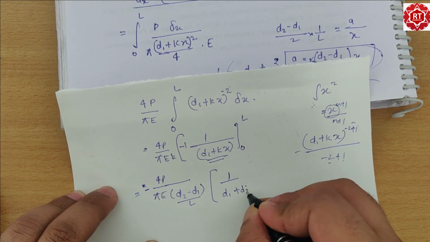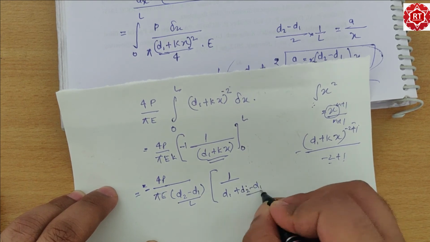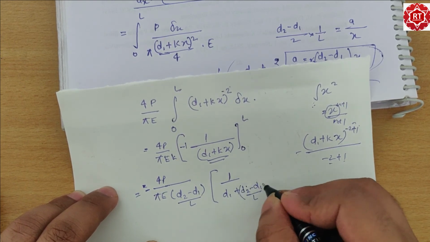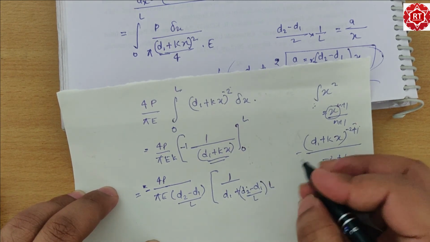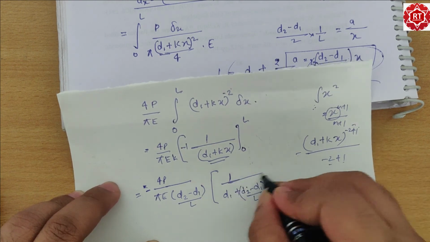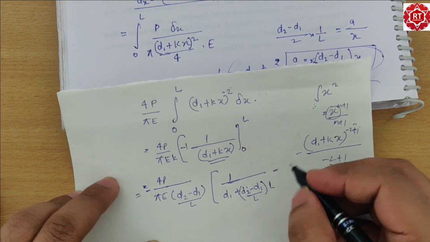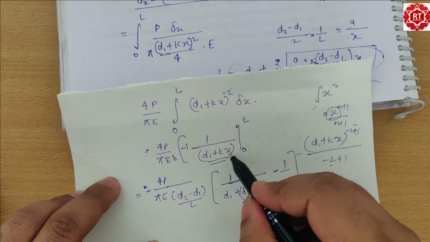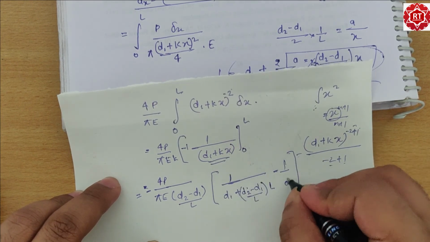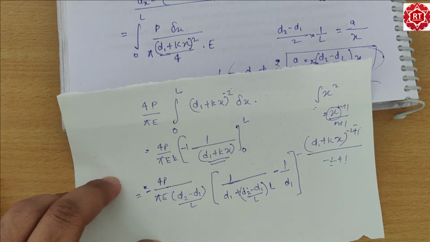So the final relation you can see is 1 over d1 plus k, where k we have to open, so (d2 minus d1) over L in bracket, and x. So x will take the limit, so L, and then minus 1 over, this will be 0 and d1, so the final here will be d1.